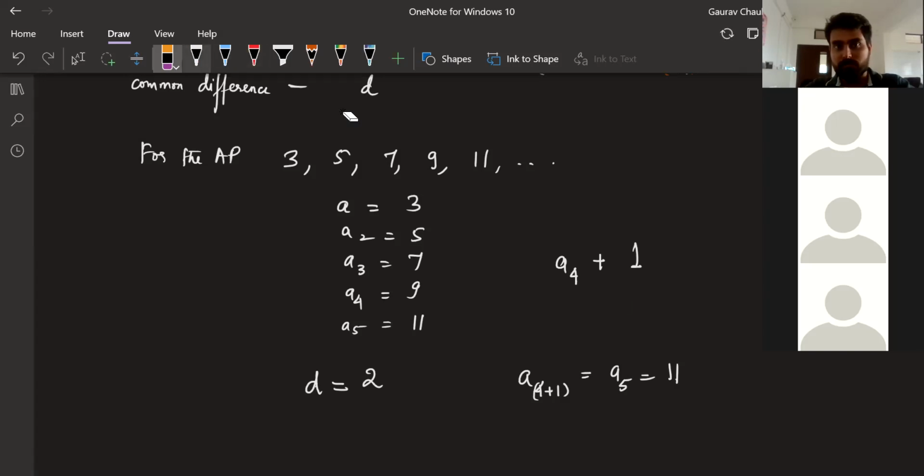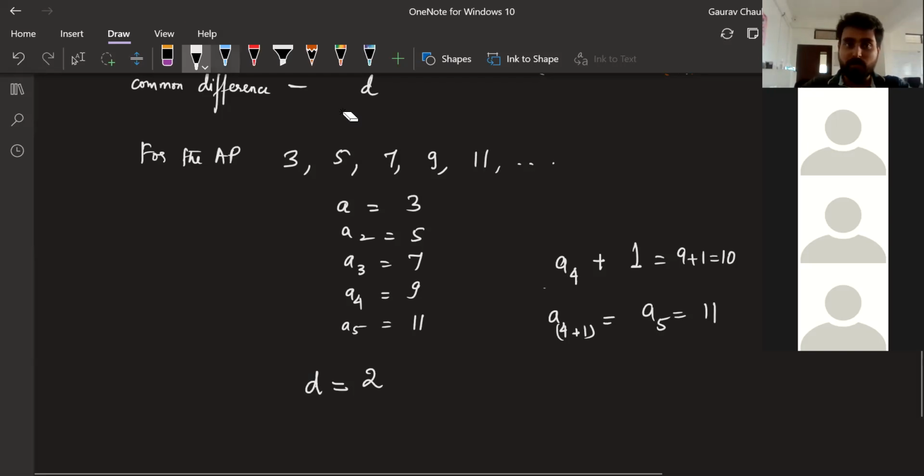A4 plus 1 equal to 9 plus 1 equal to 10, and just below that you write A small 4 plus 1. Make sure your subscripts are very, very clear. It should not be confusing to the person who is reading your paper. It should not be like, okay, if plus 1 is there, is it subscript or is it in the superscript? Please make sure it's very clear.